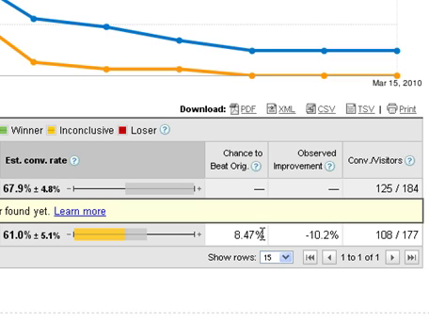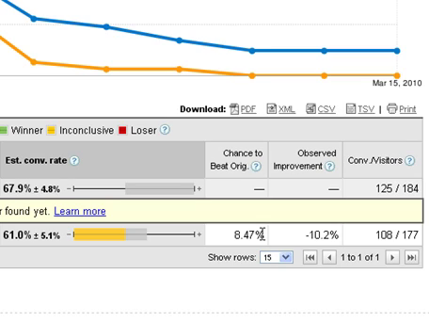Now, what we like to do is wait until there is less than a 5% chance out of 100 of the loser beating the winner. If you flip that around, what that means is that we are 95% confident that our winning page would beat the test page or the losing page.